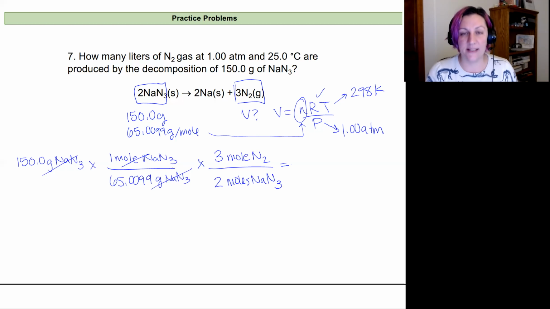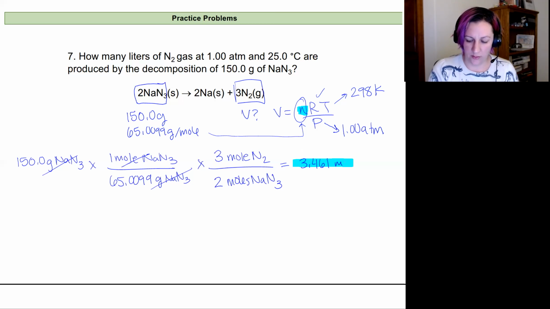And now I'm going to end up with the number of moles of the nitrogen that's produced. And that I'll be able to put into my equation using the ideal gas law to calculate volume. So plugging this into my calculator, what I get is 3.461 moles of nitrogen. All right, cool.